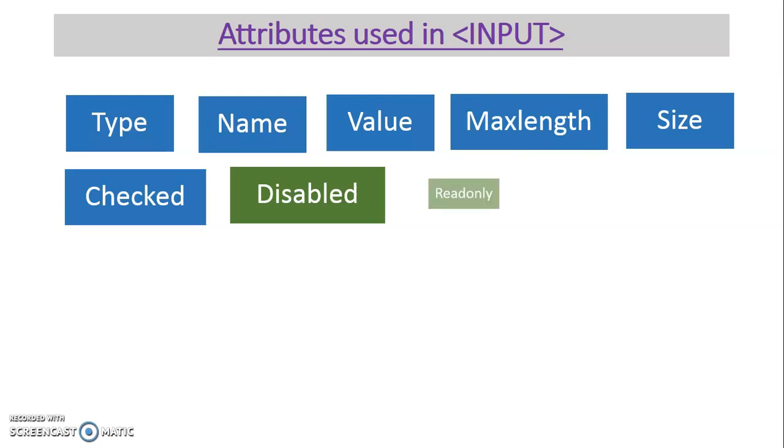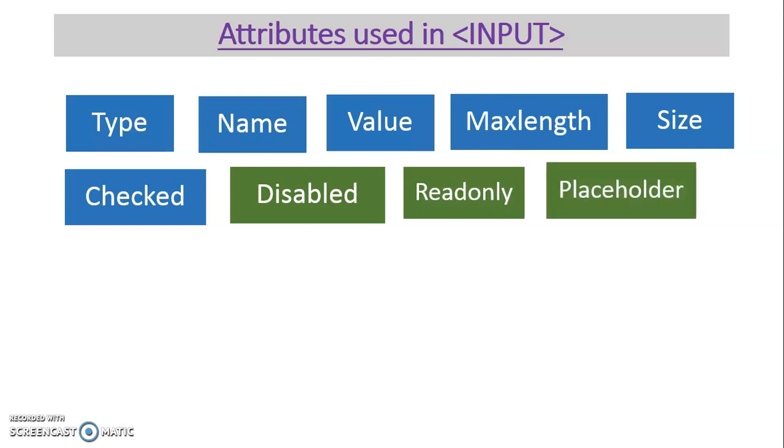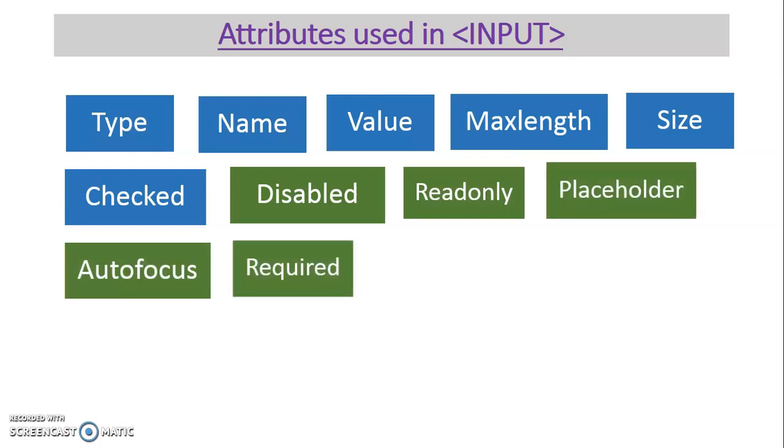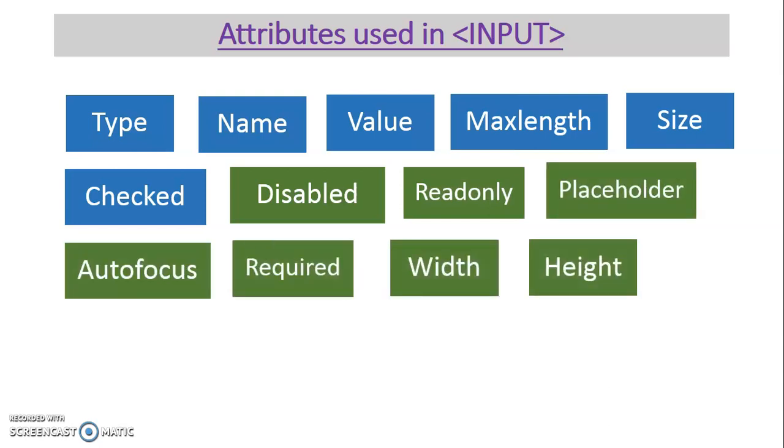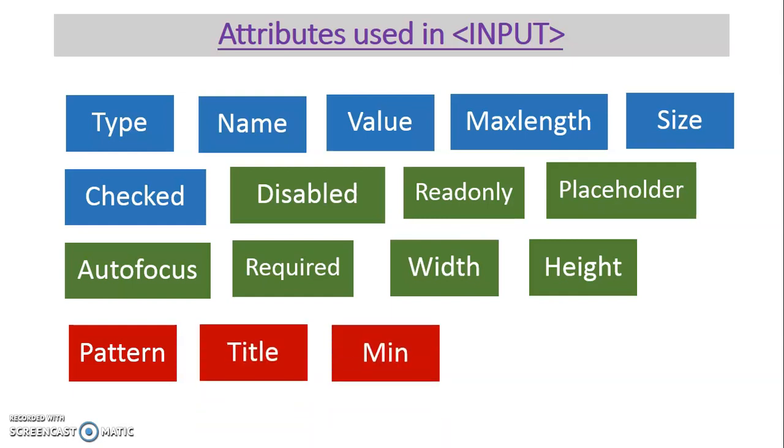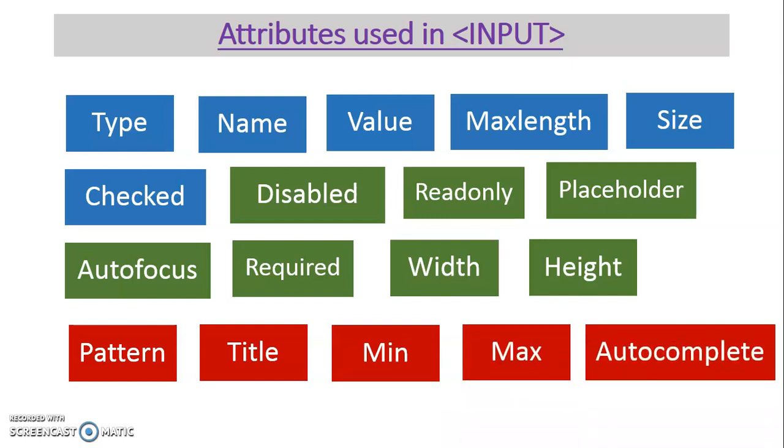These are the new things which we have learned: disabled attribute, read only, placeholder, autofocus, required, width, height. This was nicely understood in our previous video. Today we have talked about the pattern attribute, title, which is generally accompanied with the pattern attribute, min, max, autocomplete.